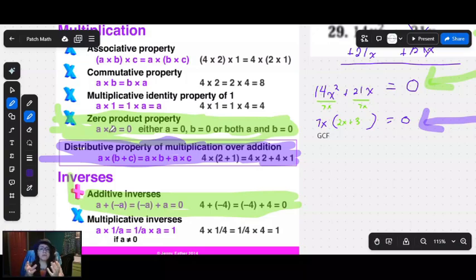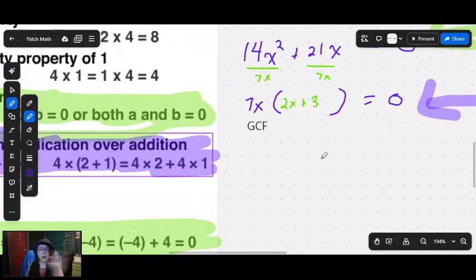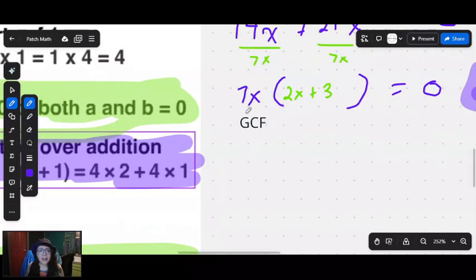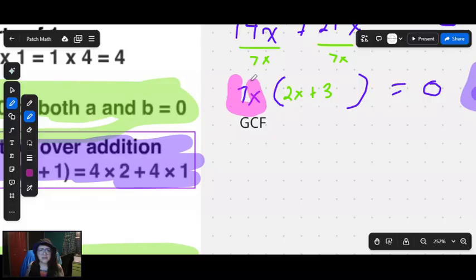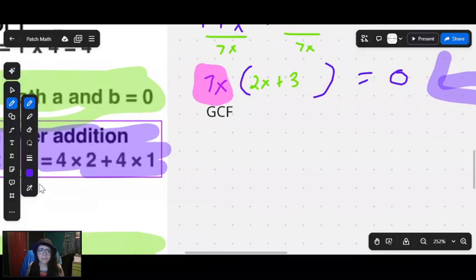Or both of those multiplied parts could have been 0. So we want to explore all 3 hypotheticals. Well, we do that by going, hey, what if this 7x, that 1 multiplied part, all of that 1 multiplied part equaled 0? So that's the first hypothetical.